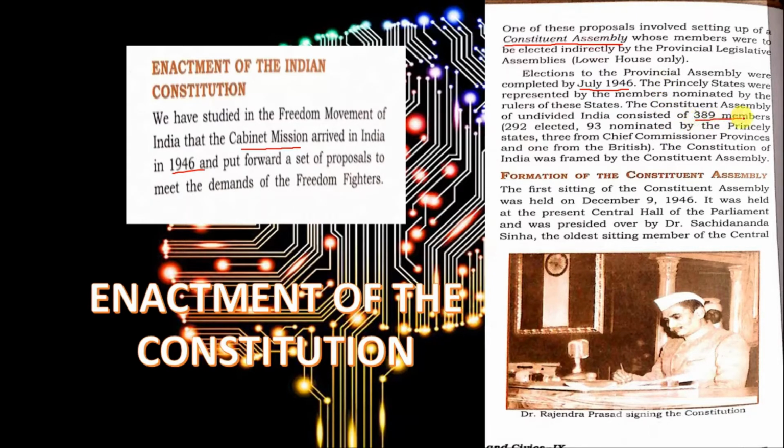How many members? 389, and of these 292 were elected, and 93 were nominated by the princely states, by the kings and others, and 3 came from the chief commissioner provinces and 1 from British Baluchistan. This is not that important, but it will be important for you in the future.